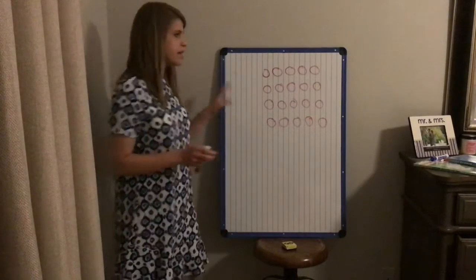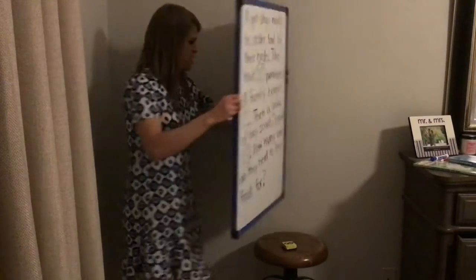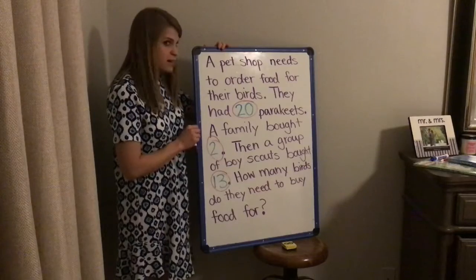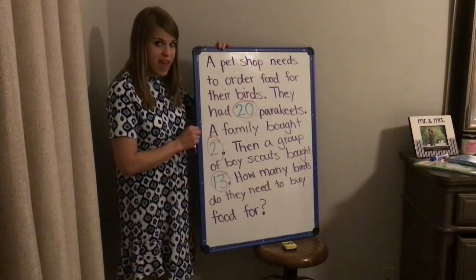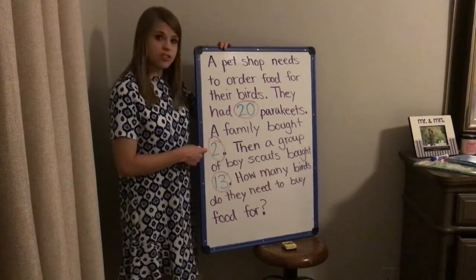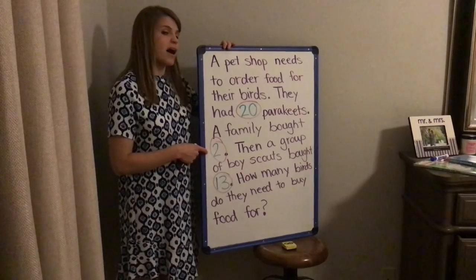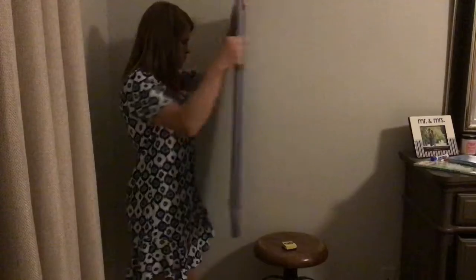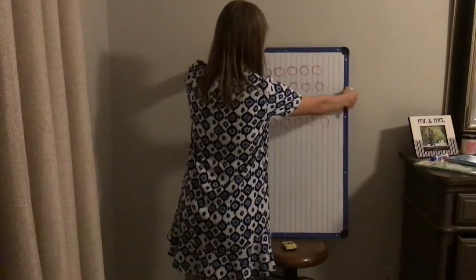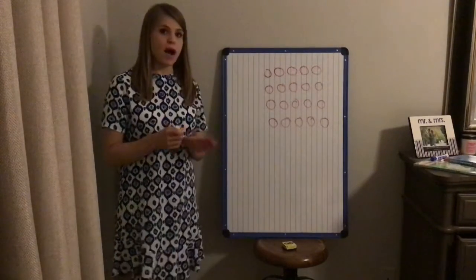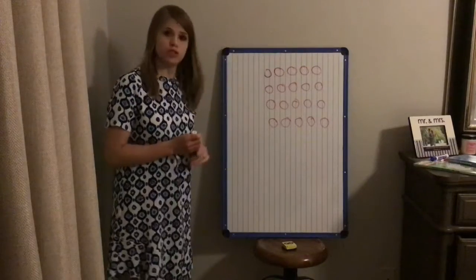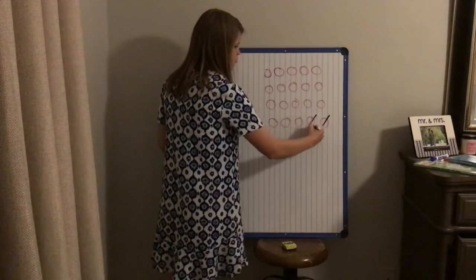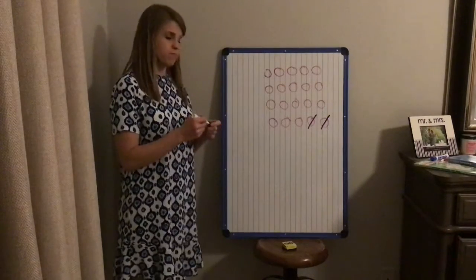Okay, so we started with 20. Do you guys remember what happened next? There were 20 birds. A family came in and they bought 2. So I need to take away 2. Okay, so I'm going to cross out 2 birds. You ready? 1, 2.